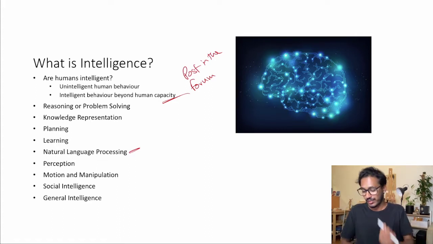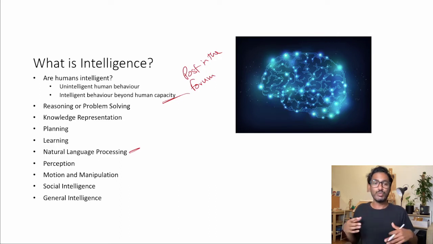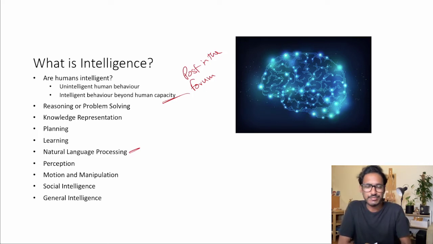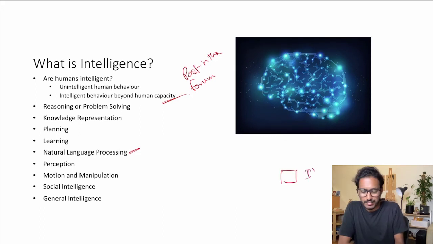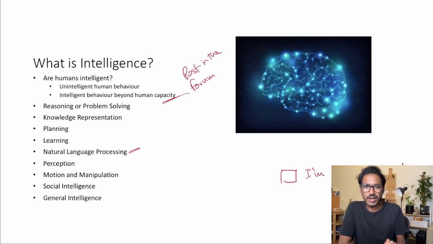Motion and manipulation, this is more into robotics. An intelligent machine can move itself or manipulate something. Maybe you have seen how there are little check boxes on websites saying I am not a robot. Have you seen actual robot arms?